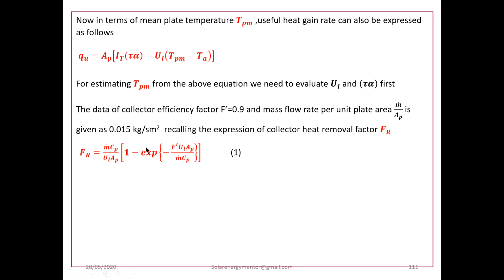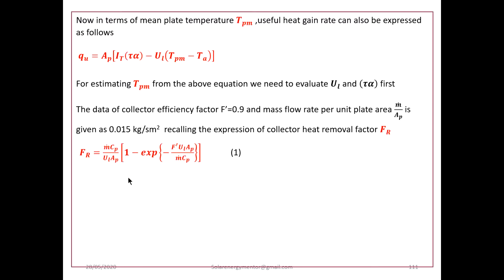Now in this expression, m dot by AP is given, so we can replace this expression by 0.015. So the m dot by AP value is known here, and also here. So the question of m dot by AP is solved.